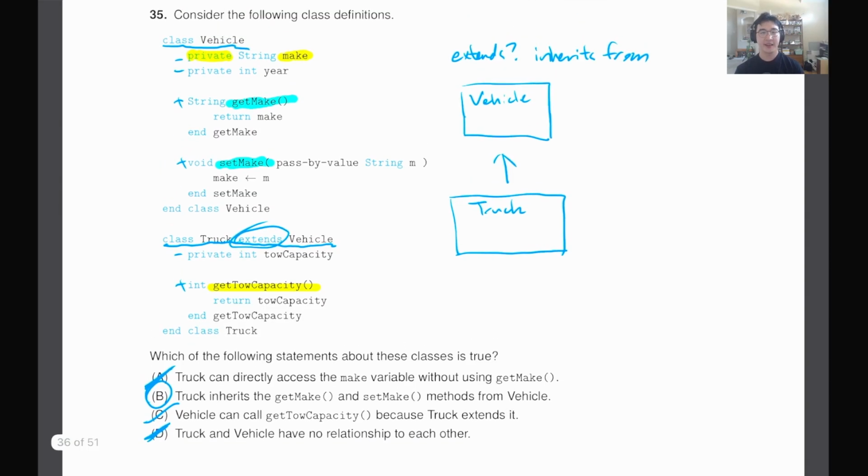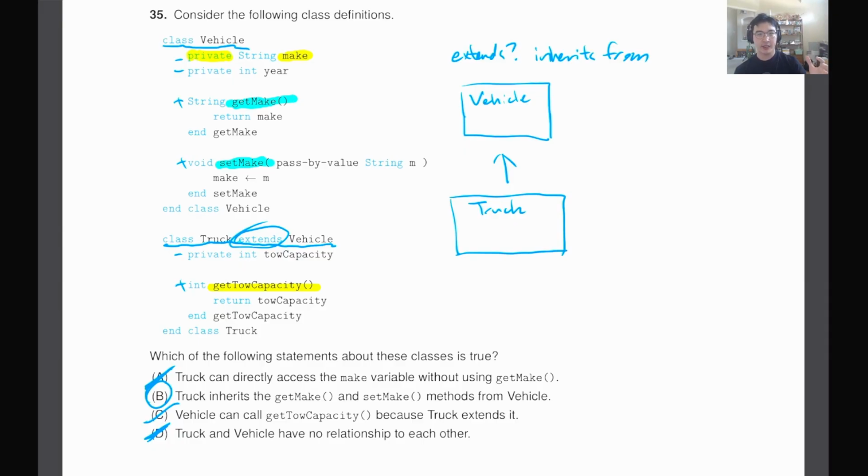Once again, to rehash, I like to think of inheritance in terms of real life or make-believe real life inheritance with a parent and a child. If something is denoted as private, that means no other class can look at it, access it, or inherit it. So in the vehicle class, the parent class, we have some private things. And just like in real life, sometimes parents keep things private or secret from their children.